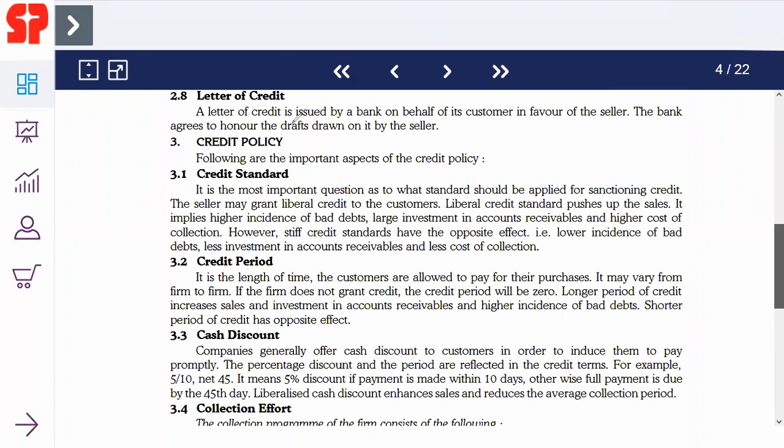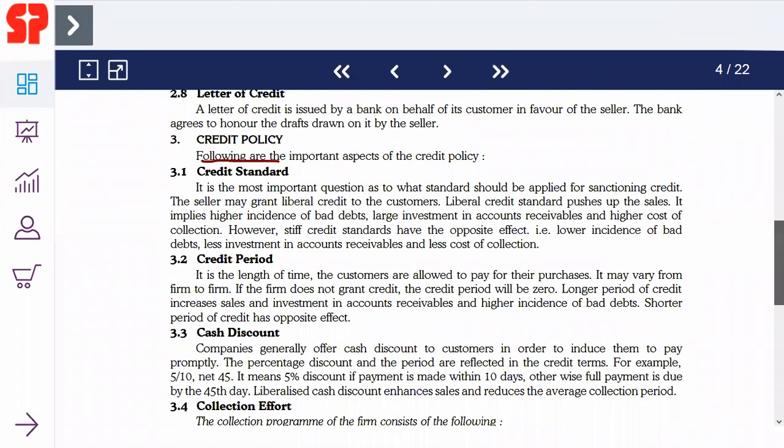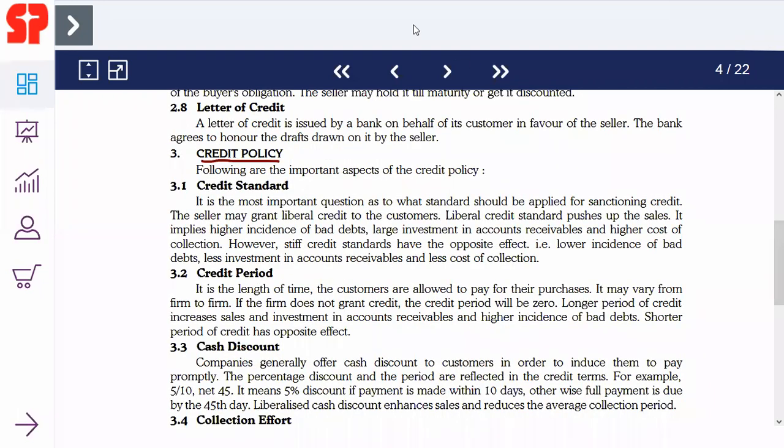Now let us understand what a credit policy is. In a credit policy, there are four things you have to understand. First, let us understand what a policy is. A policy is a general statement made by the top management regarding any activity in the business.